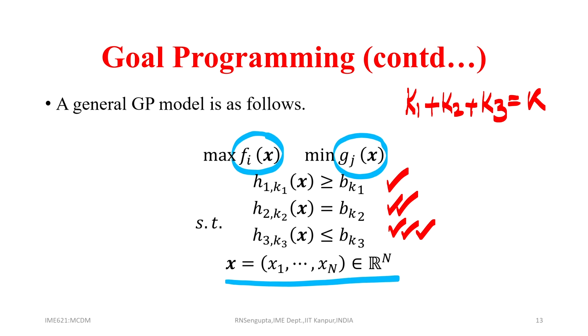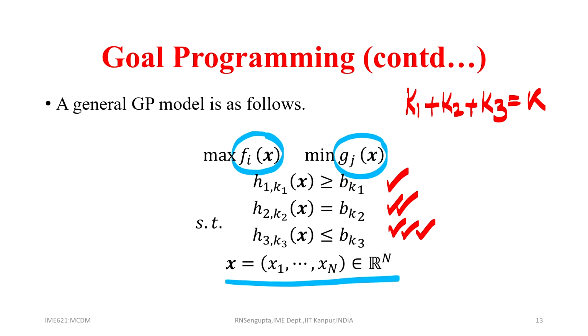The simplest would be where only greater than type is there, or only equality is there, or finally, only less than type is there, and greater than inequality is not there.